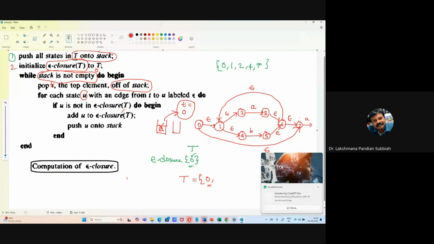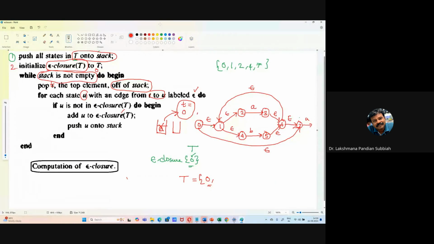Now for each state U with an edge from T to U labeled epsilon, see, this is T. Then the U's are this one and that one.